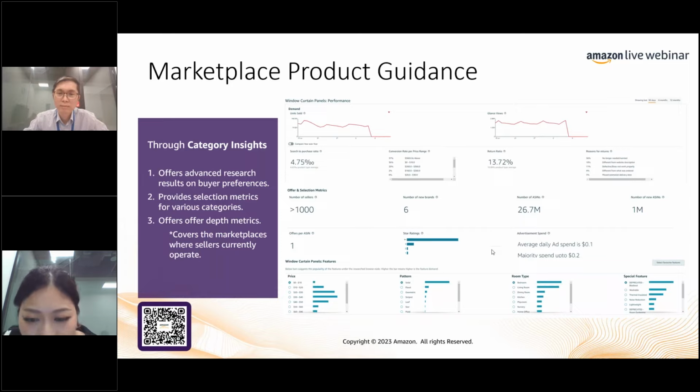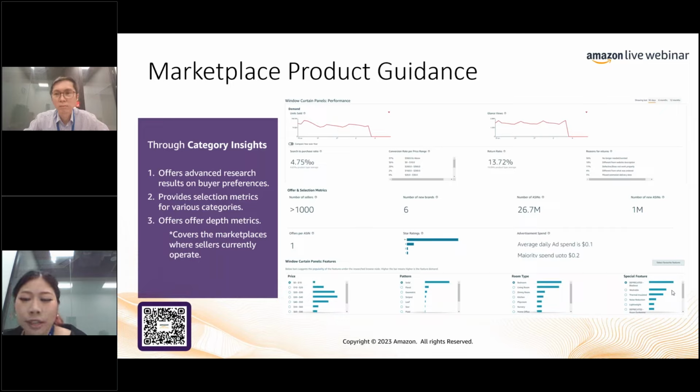And the other one that I want to highlight is the advertisement spend. I always tell you guys to factor in advertisement when you calculate your profit margin, especially if you use the revenue calculator, right? The average daily ad spend for this product is 10 cents, or the majority spend up to 20 cents. So you can factor in maybe 20 cents when you calculate your product margins.